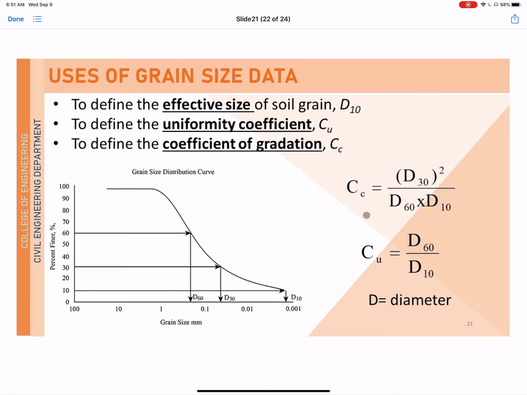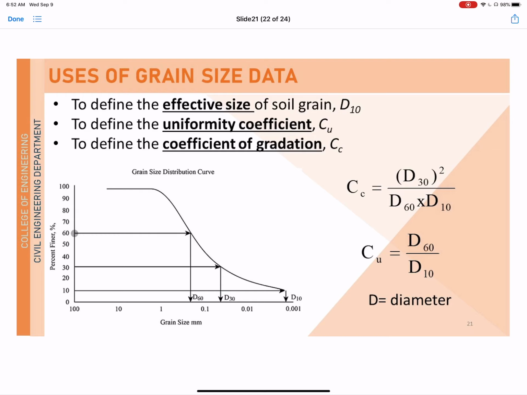While for C sub C, you can use the formula D sub 30 squared over D sub 60 times D sub 10. And for C sub U, we have D sub 60 divided by D sub 10. Again, the subscript is the percent finer, and D is the unknown diameter. So from the percent finer, let's say 30%, extend that towards your curve, and from the intersection, extend it downward to get your D sub 30.